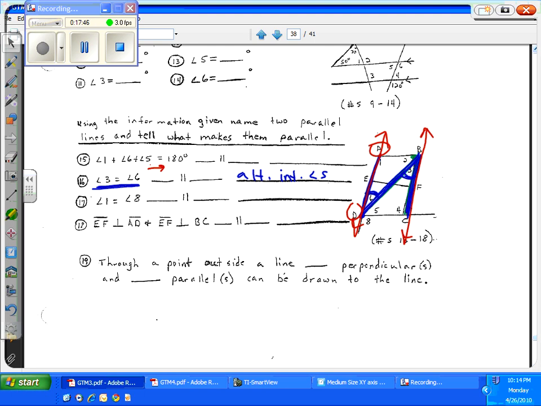So line AD is parallel to line BC, which you could have called CB or BF or FB or FC or CF. Because alternate interior angles are equal. Any questions on that?